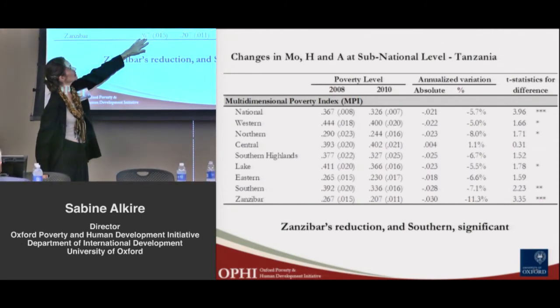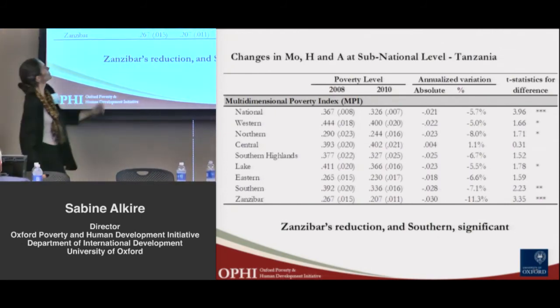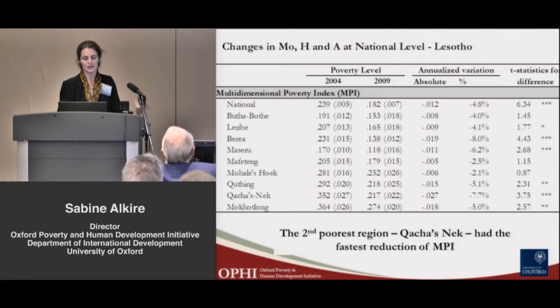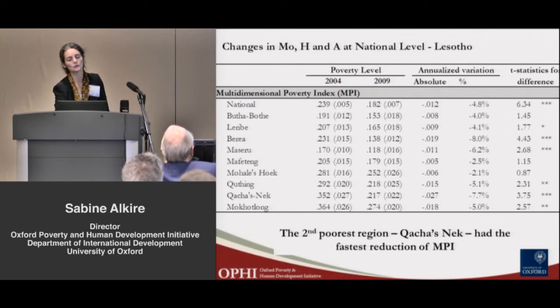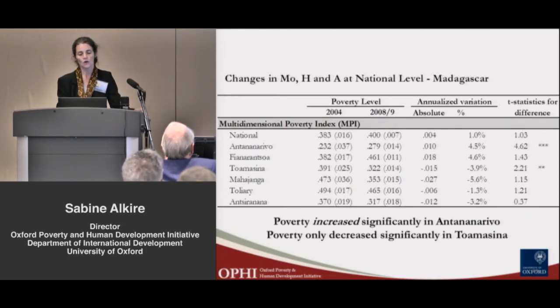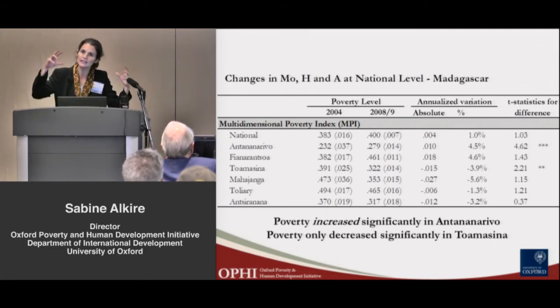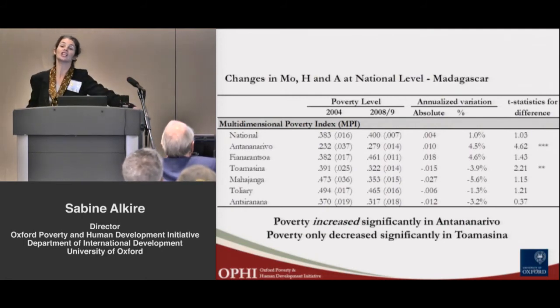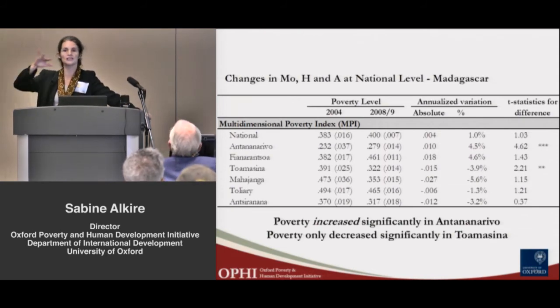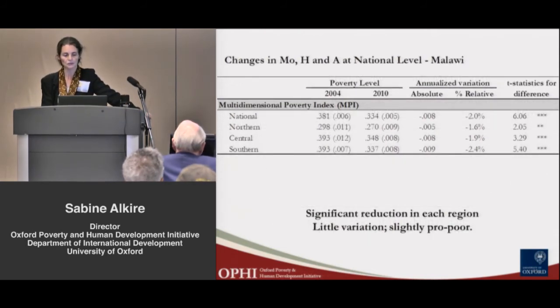If we look at the MPI of 0.267, the poorest region is Lake. But we see differences. For example, the second poorest region in Lesotho, Quthing, had the fastest reduction of MPI. Or in Madagascar, where poverty was not statistically different between the 2 periods. There were changes, one up and one down at the regional, subnational region level.